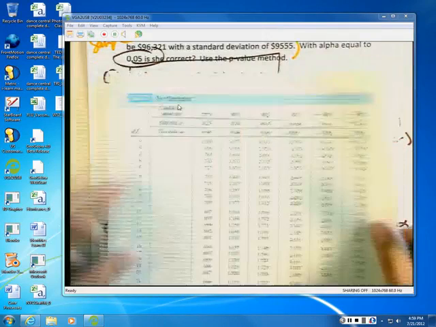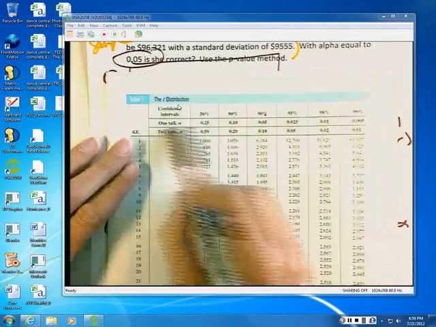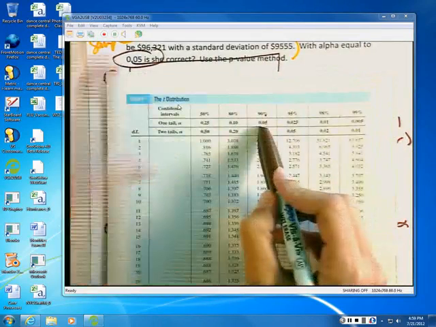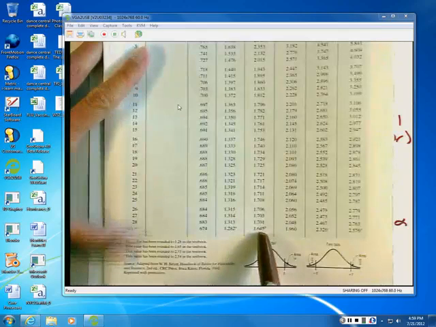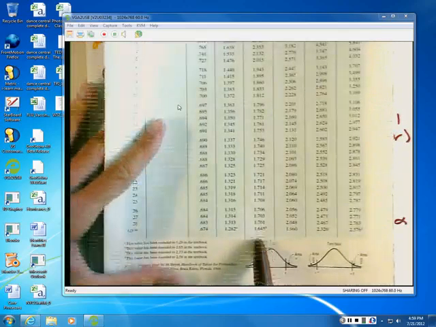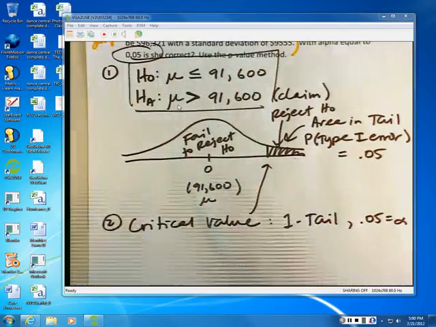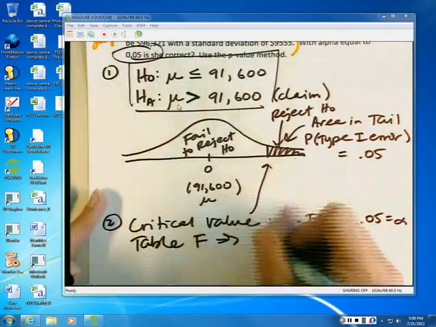I go to table F, not C. 1 tail now, 0.05 puts me here. And I go all the way to the bottom, which gives me a z-score. So this is where I cut off the significance region: 1.645. Table F gives me a critical z-score.